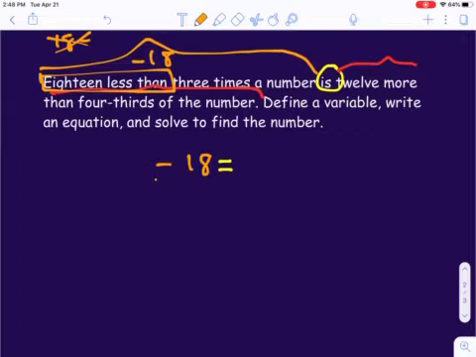And it's less than 3 times a number. Let's define our variable. Let's call our variable n, for a number. Then 3 times just means you're multiplying it, so it's 3 times n, which we write as 3n. So we've got 3n minus 18.